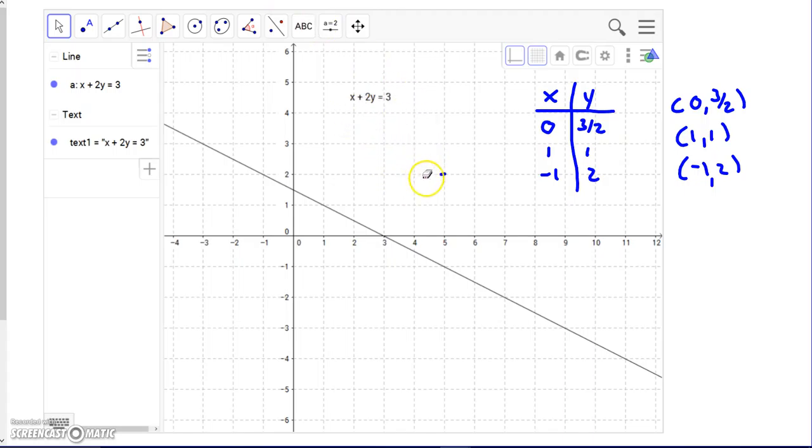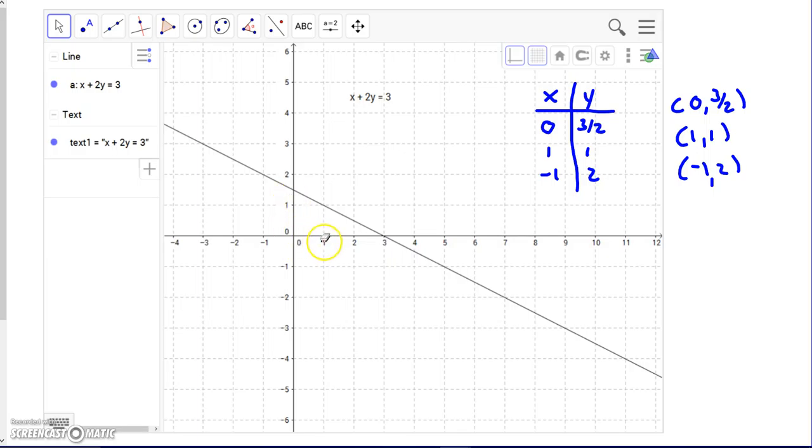Now what this means is that all these ordered pairs will be found on this line. The line of the graph is all the ordered pairs that are solutions to this equation. For example, 0 and 3 halves: if I go over 0 and up 1.5, which is 3 halves, I'm on the line.